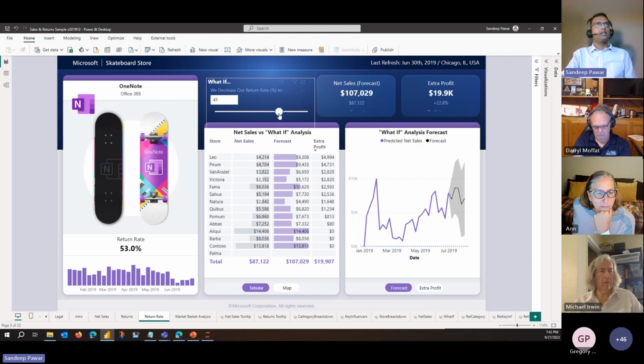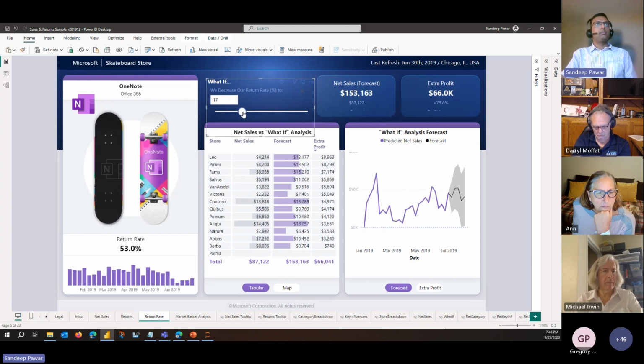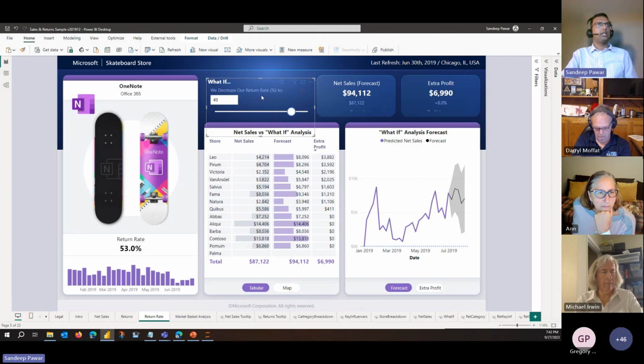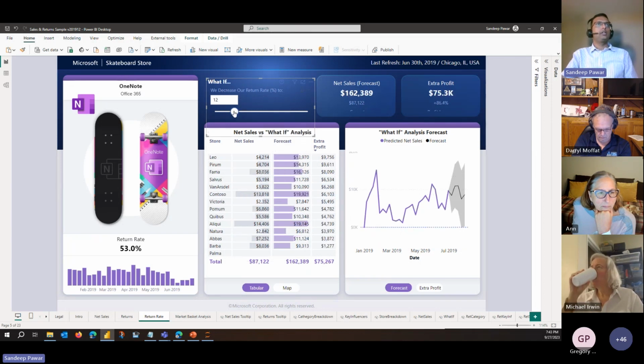And the idea here is that the user should be able to slide this and adjust the overall return rate. If I'm a business user, an executive, and I want to see if I reduce the overall return rate by a certain percentage, how much would that add to my bottom line?